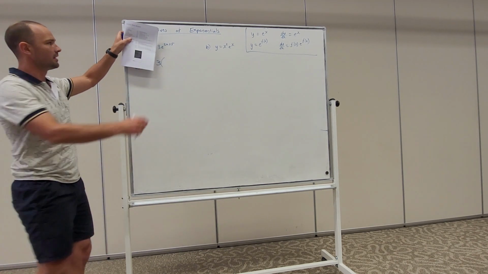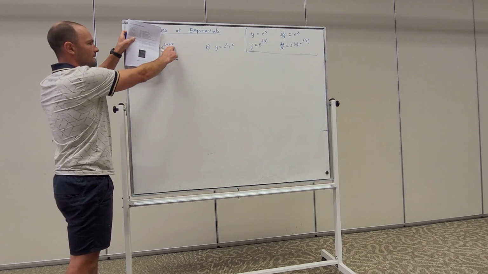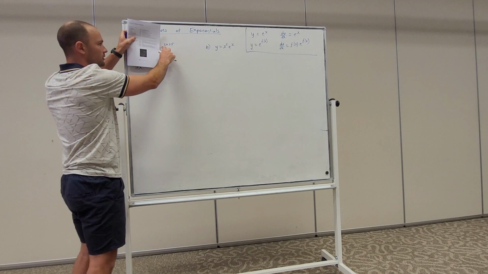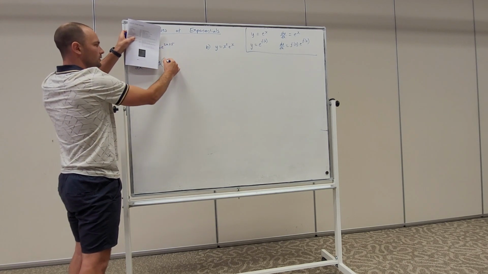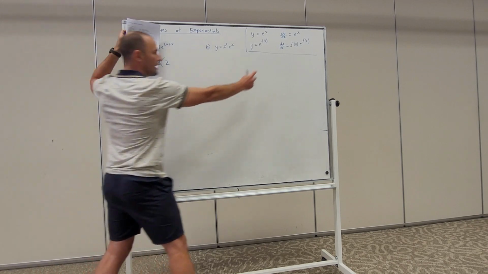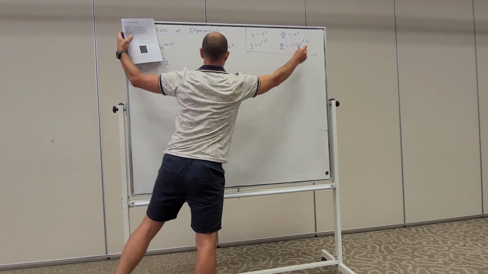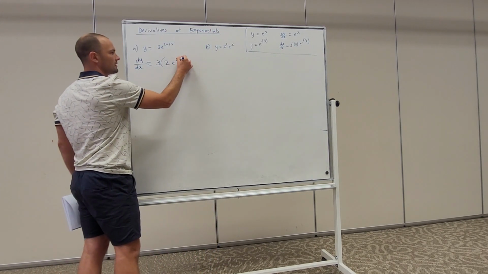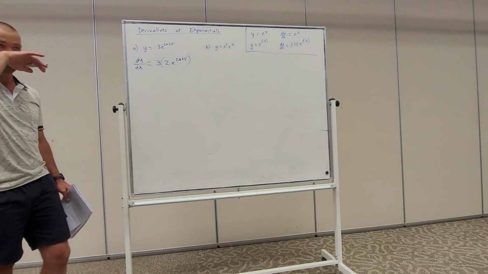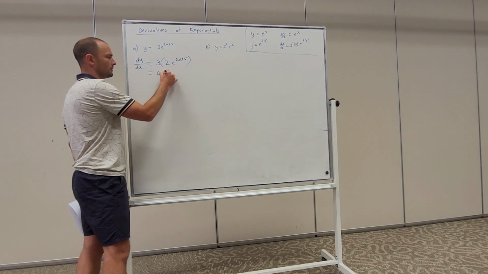So then I'm looking at e to the f of x. First part is f dash of x, the derivative of 2x plus 5, which is 2. Then it's just e to the f of x, so we'll put here e to the 2x plus 5. That's our answer. You can simplify it to be 6e to the 2x plus 5 if you want to.